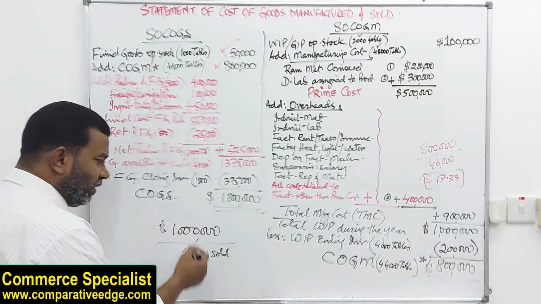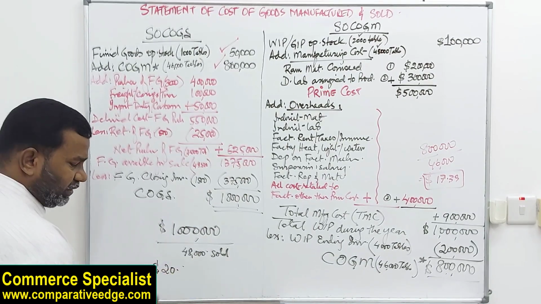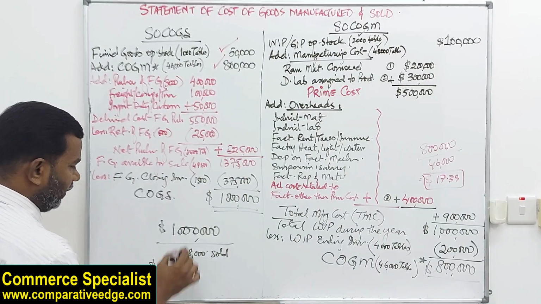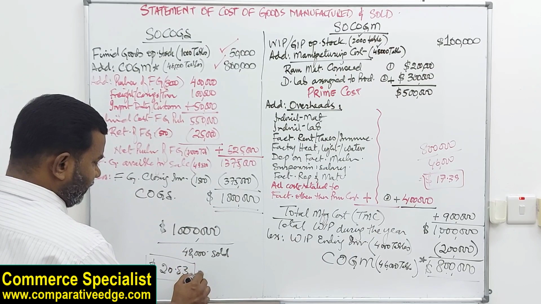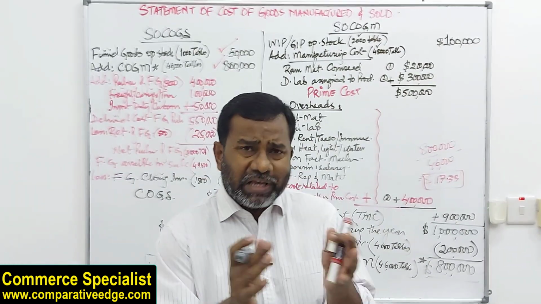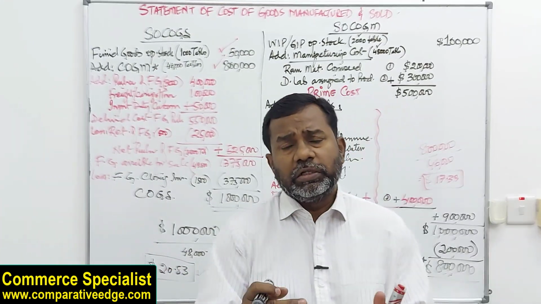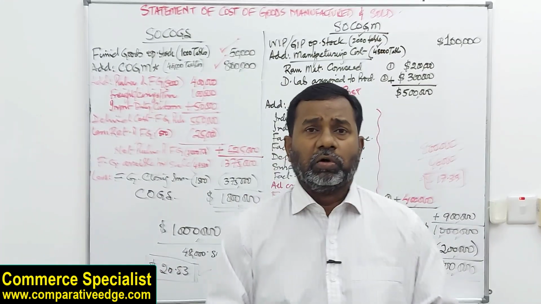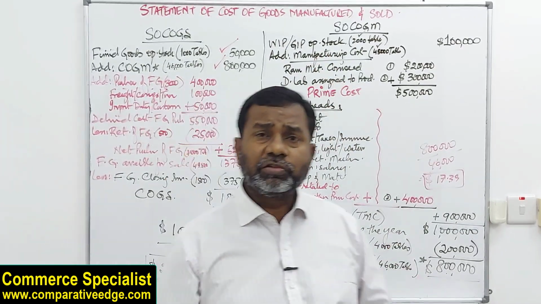So 1 million divided by 48,000 will give you the cost of one unit sold, which is 20.83. This is cost of one unit which has been sold. And obviously once you know the goods which you are selling cost you 20.83, obviously you will sell it at a higher price. So guys, this is all about statement of cost of goods manufactured and statement of cost of goods sold.